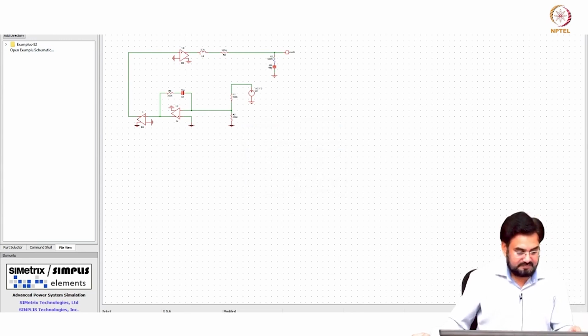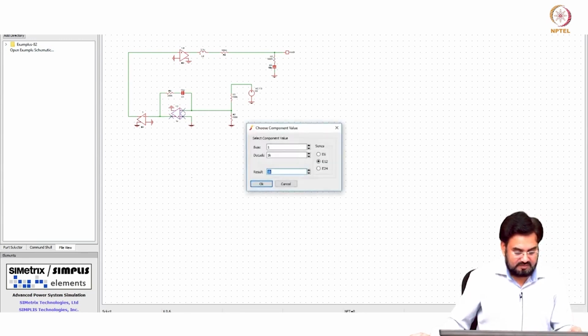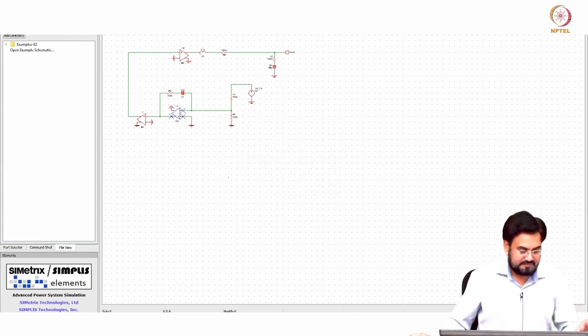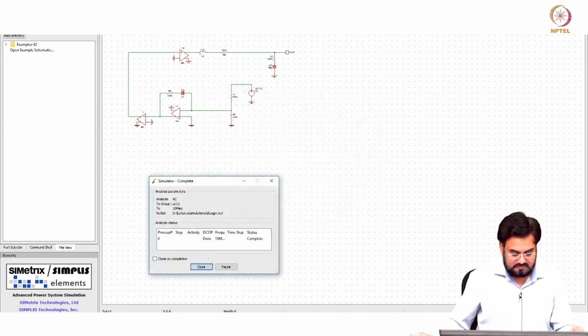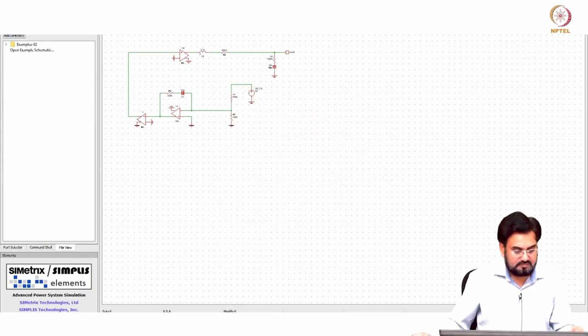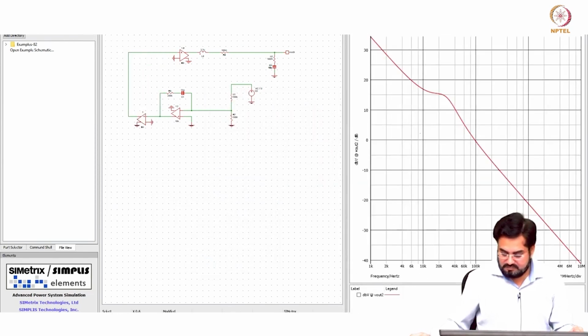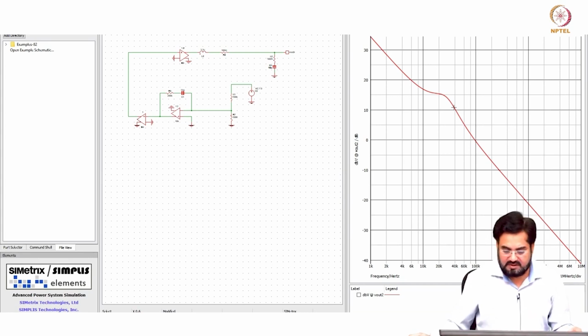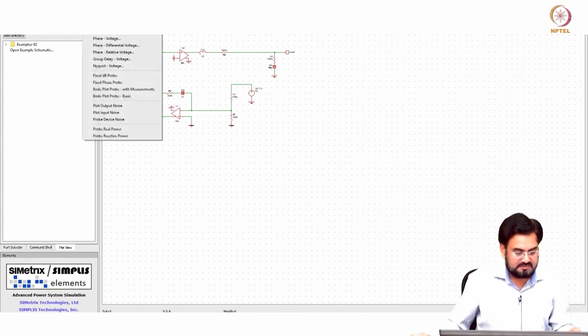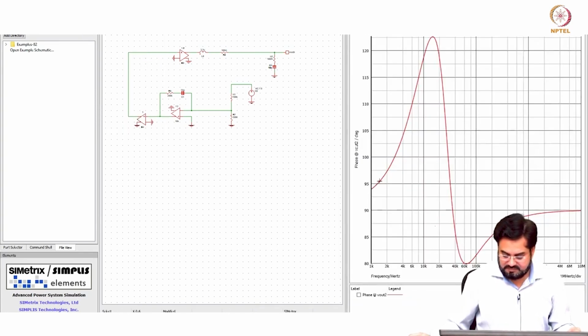Let's make it 10K or so. It's pretty close to 100K, 96K, and let's look at the phase response. So phase margin is better here compared to the previous one.